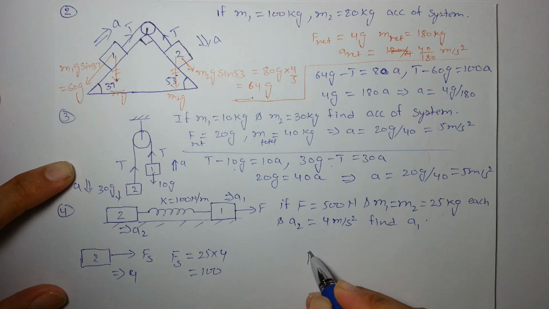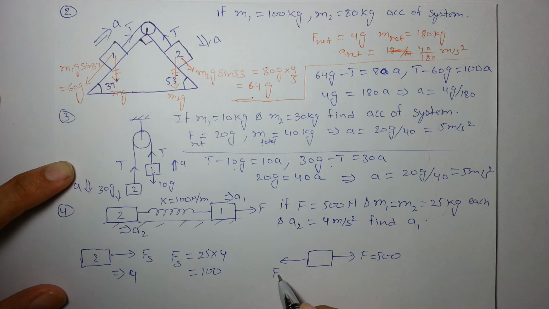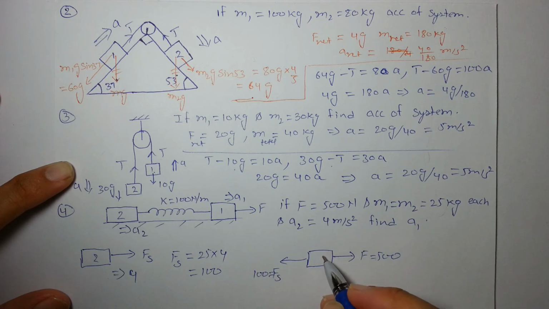And drawing the FBD of 1, we can say there is a force F which is 500 Newton, and there is a spring force. As I already told you, springs apply equal and opposite forces on the objects they are connected to at their opposite ends. So this force I have already calculated as 100, and the mass is nothing but 25 kg.